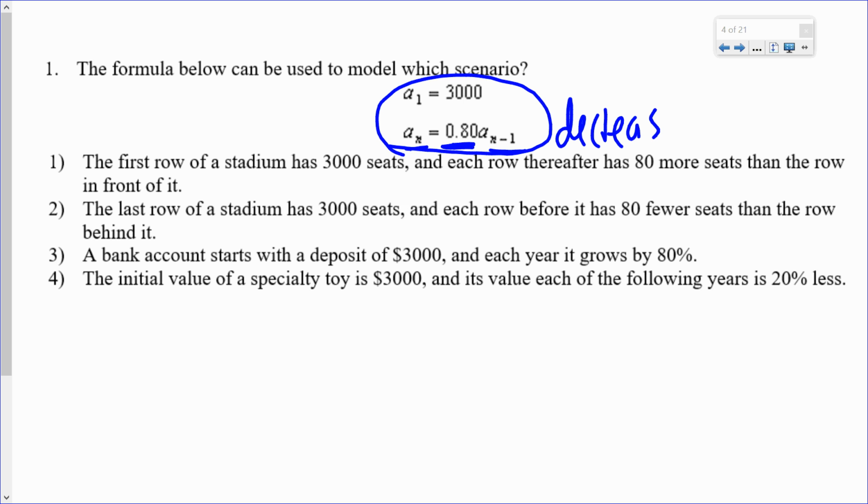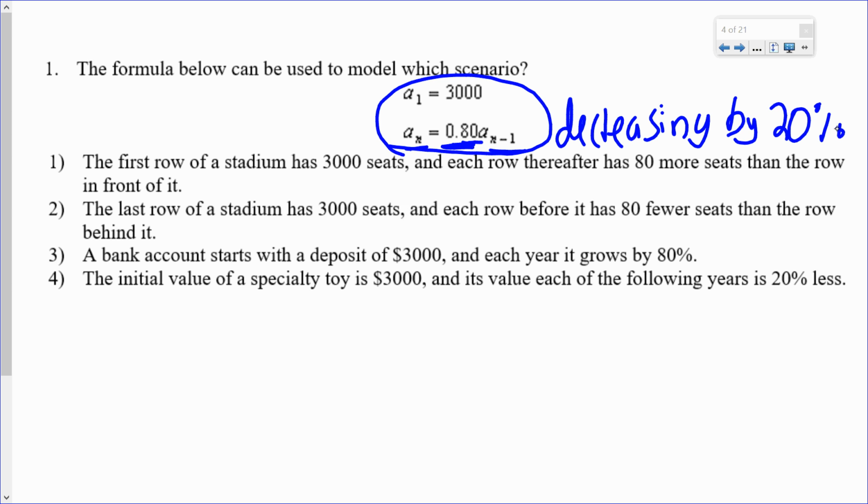By what? What am I subtracting from 1 to get 0.8? If I'm keeping 80%, what am I decreasing by? I'm decreasing by 20%. So when I see a 0.8 that I'm multiplying by, since it's less than 1, it's decreasing. And what am I taking away from 1? 0.2.